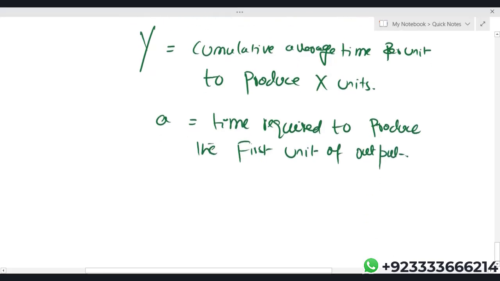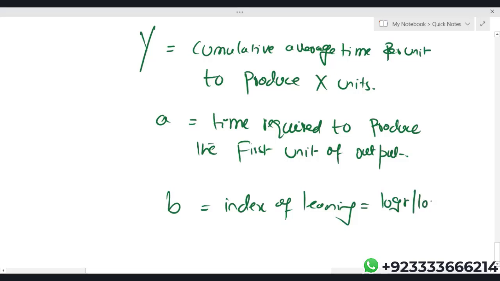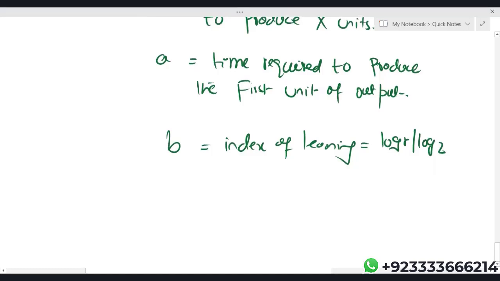B is the index of learning, which is equal to log R upon log 2, where R is the learning rate.